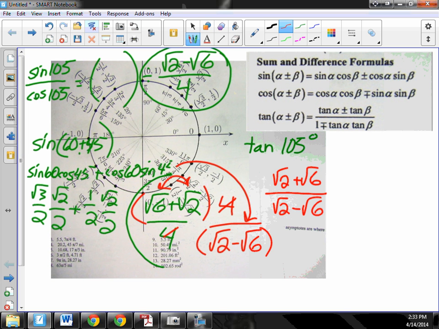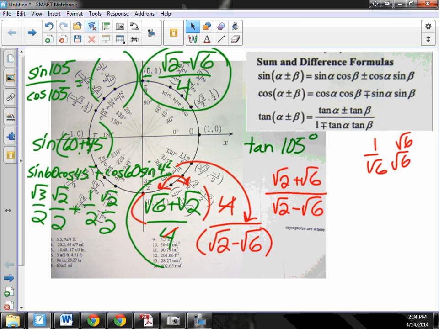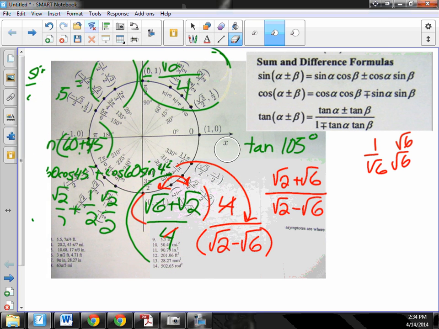Easy so far, right? But I'm not allowed to leave square roots in the denominator. So normally, if I were to have 1 over root 6, what do I do? Just times it by root 6. But now I have 2 square roots in the bottom. So let me clean this up, and then I'll show you how to fix it.